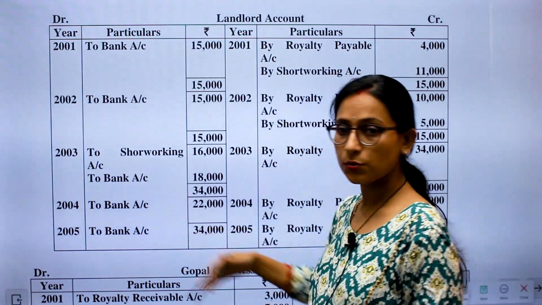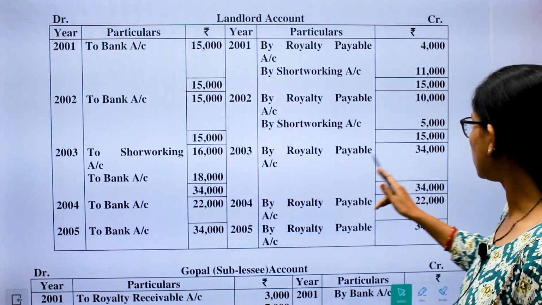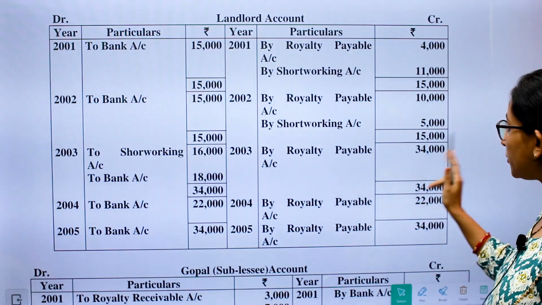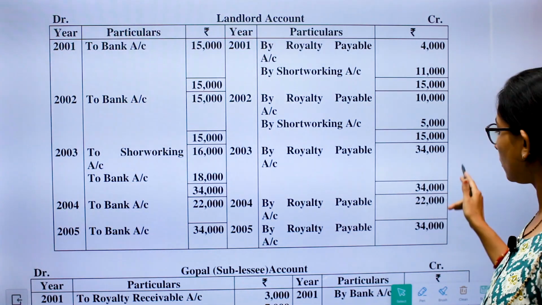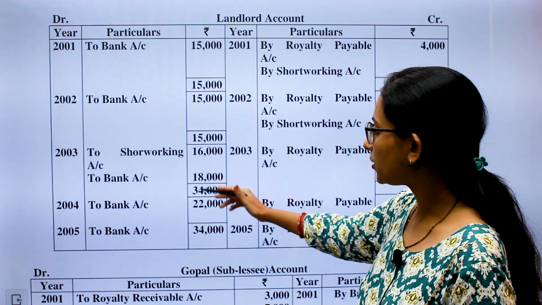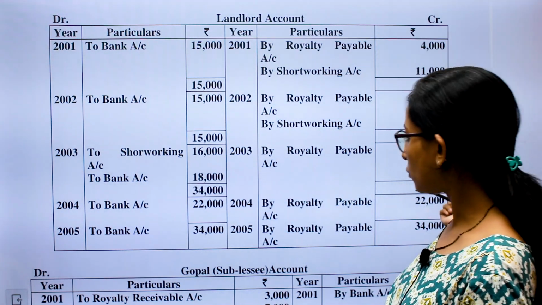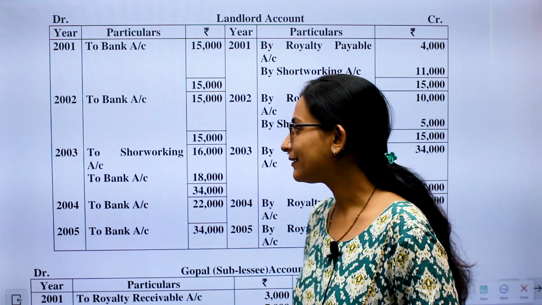To bank, which we have paid to the landlord, 18,000, by royalty payable 13,000. This is the due amount which we have to pay. So 16 plus 18 is 34,000, and here also 34,000. With 34,000, the year 2003 has been tallied.